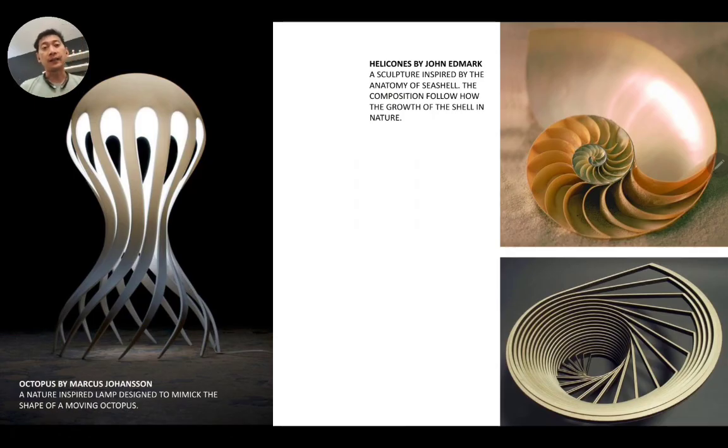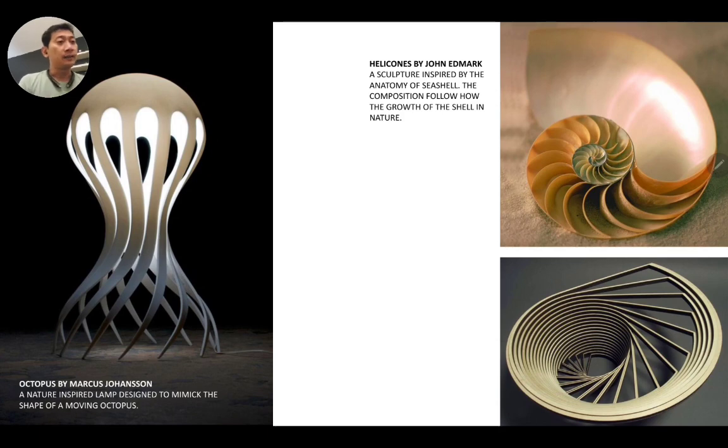So the left one is actually by Marcus Johansson, who tried to create a product, a 3D object, taken from the shape of an octopus, for example, as they are moving, right? You can see the tentacles, the very soft and smooth rotational kind of movement, right, with gradations of the colors, which just looks very nice.